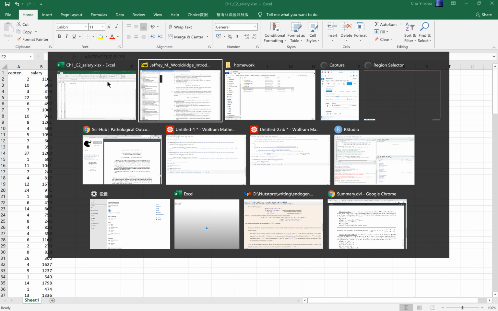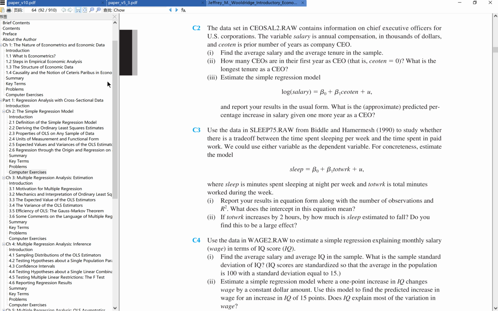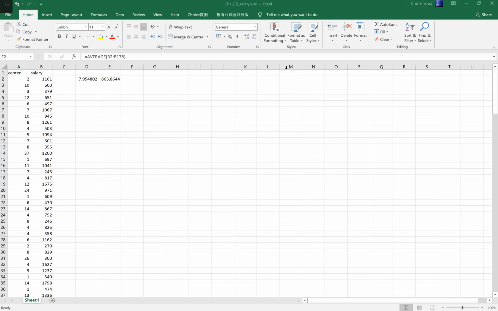So this is pretty simple, right? Next: how many CEOs are in their first year as CEO? Okay, what is the longest tenure as a CEO? The first part basically asks you to find this.